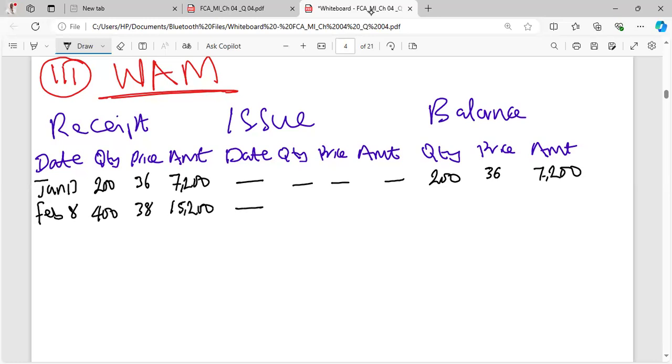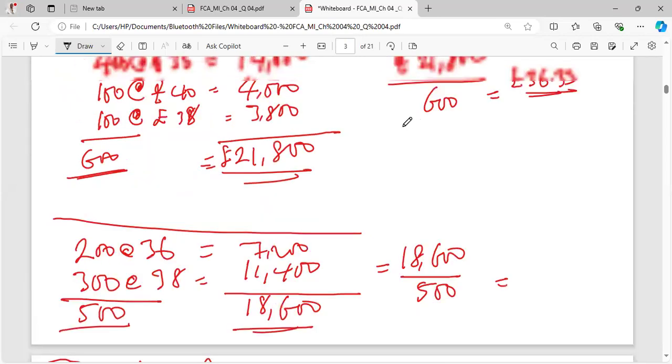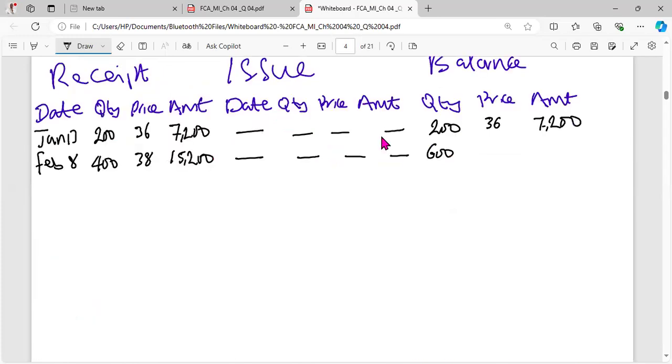It's going to be dash, dash, dash, dash. So here will become 600. So 15,200, that should be 22,400.